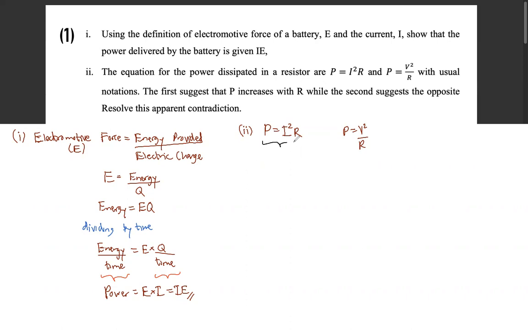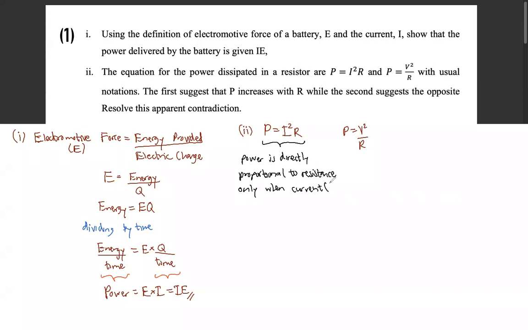Based on this, I can make a conclusion: power is directly proportional to resistance only when current is constant.